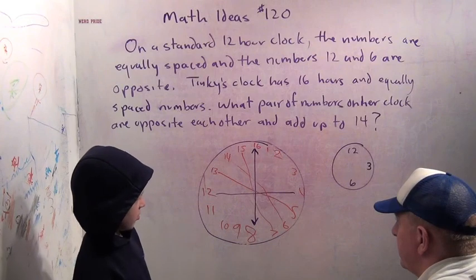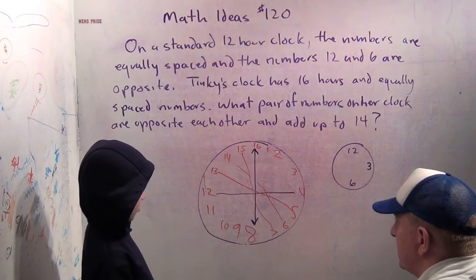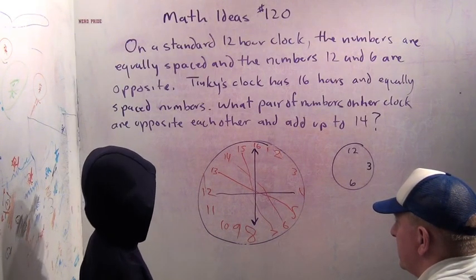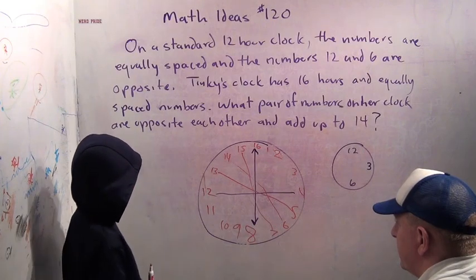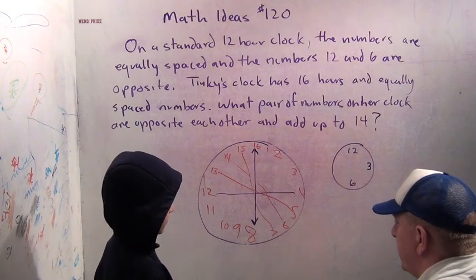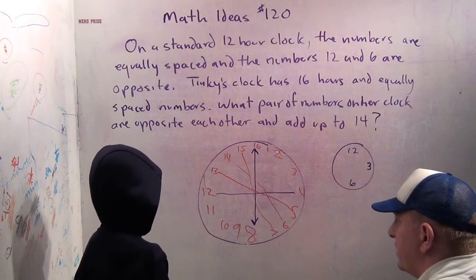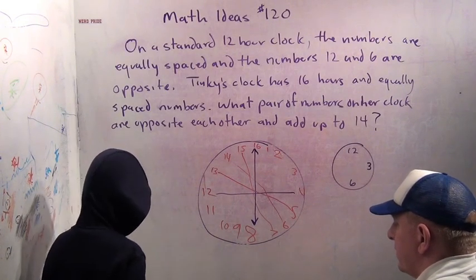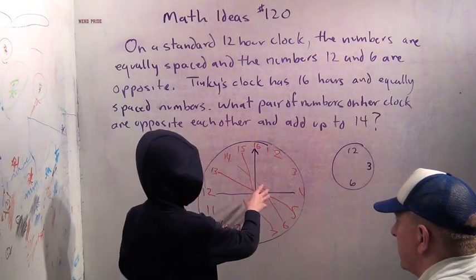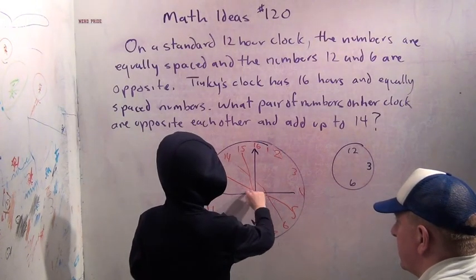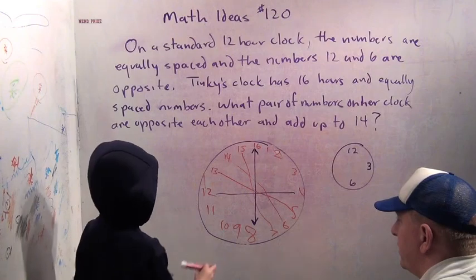Let's see. 11. Now what's opposite 11? 3. How did you figure that out? Because if you rotate this line, it's going to go 11 and 3. Okay, so draw that in.